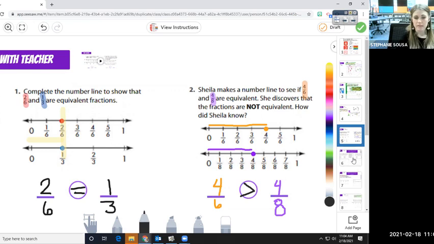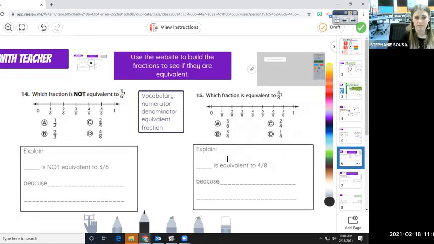Let's take a look at slide 6. Slide 6 says, with your teacher, use the website to build the fractions to see if they are equivalent. I want to talk about this direction right here. On independent work, I am getting a lot of people that are not doing it.